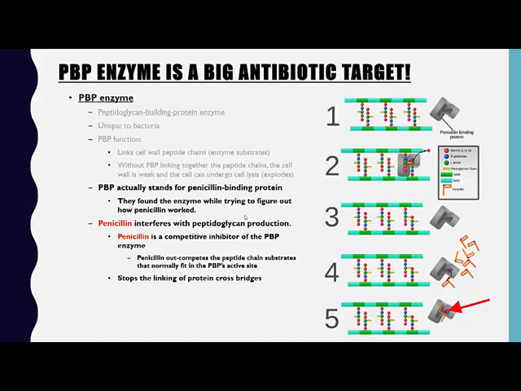So again, penicillin stops the linking of protein cross bridges. So what happens to the cell wall? Well, if it's a gram-positive bacterial cell, it's really going to be in deep trouble. If it's gram-negative, it may work, believe it or not.